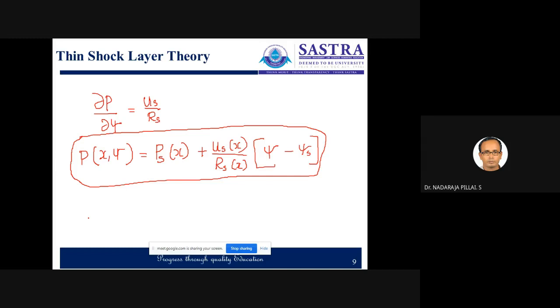So we can also go the other way, right? When the obtained body shape matches the real shape of the body, then we can get the shock shape and the pressure distribution also. Okay.